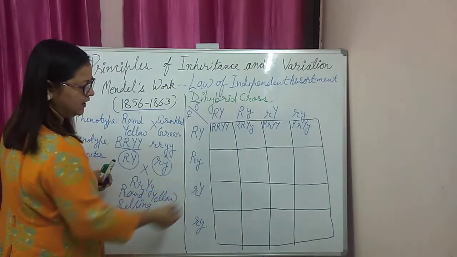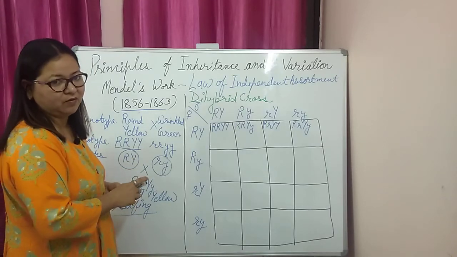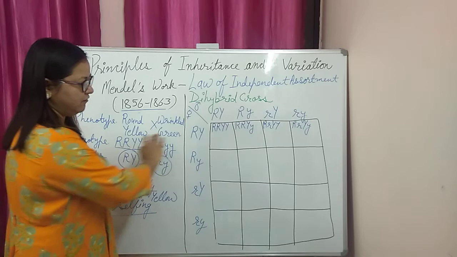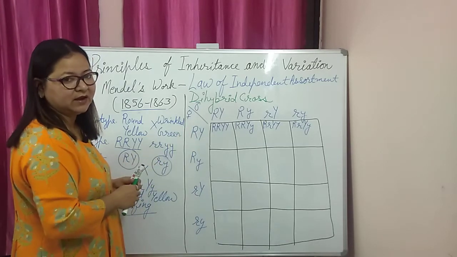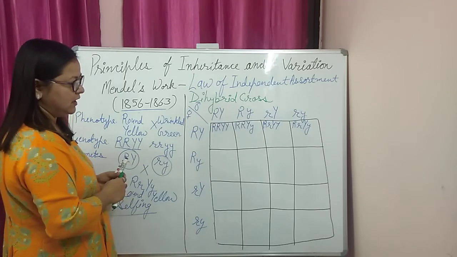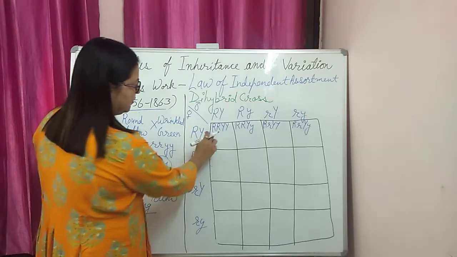You have to write these genotypes in each and every block. After writing, you have to find out which character you are getting from these genotypes, and for that shortcut I will start from here.